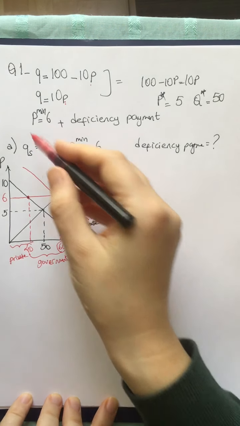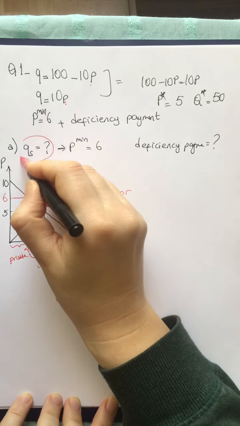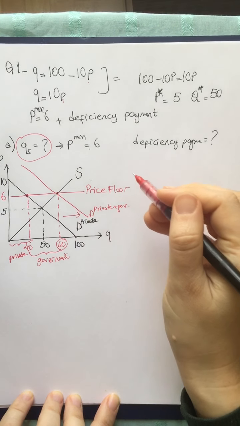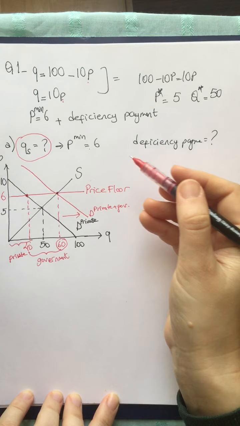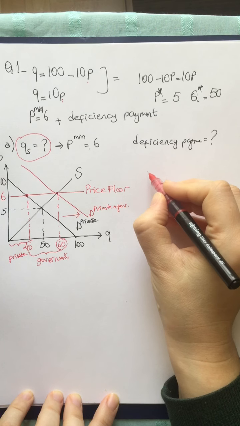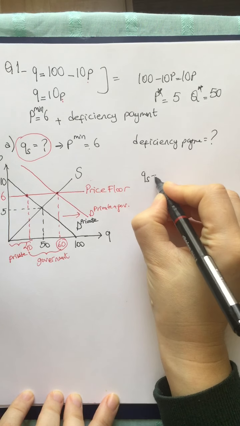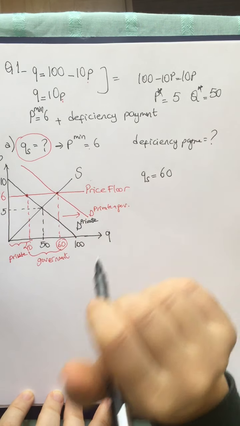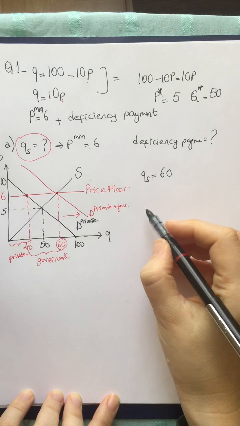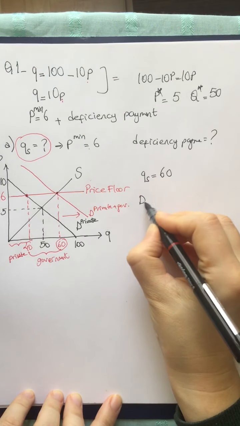So, the answer to the question, what is the quantity supplied if the minimum price is determined as 6? In that case, quantity supplied will be 60 if the price is 6. So, what is the deficiency payment?